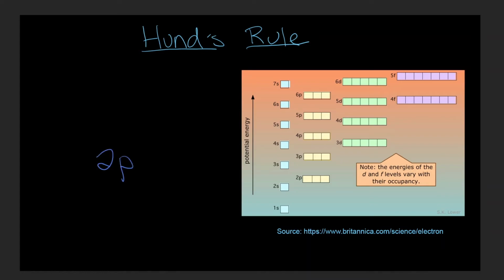If we have a 2p subshell and we wanted to put electrons into the orbitals there, we know that there are 3 different p orbitals in that subshell. And if we want to distribute up to 6 electrons into that subshell, we would first have to give 1 electron to each of the orbitals before we come back and make a pair.